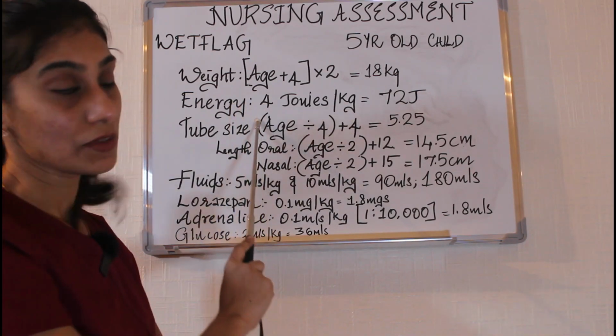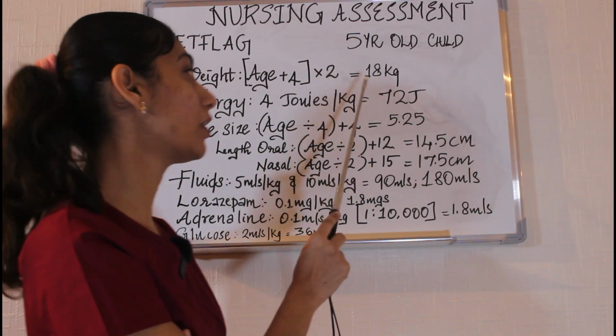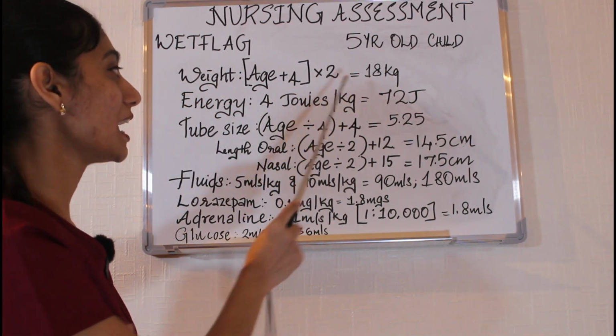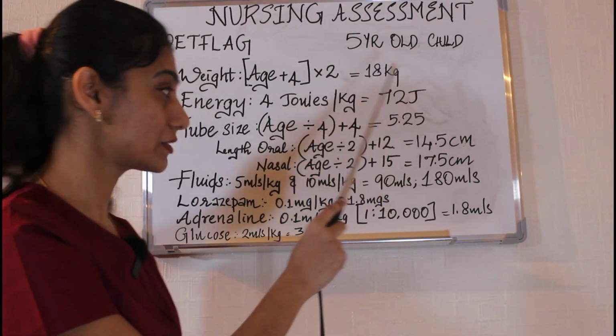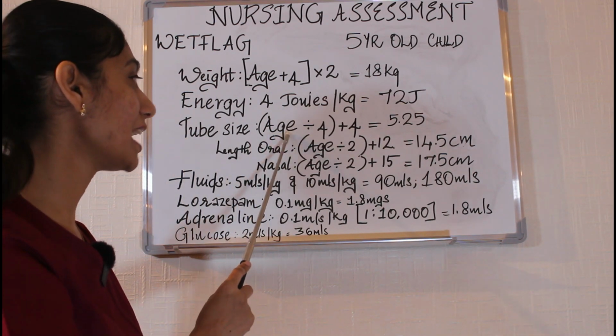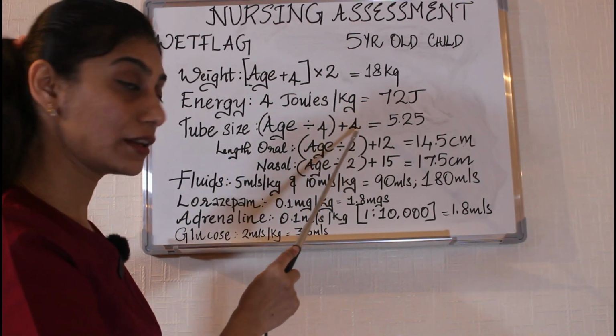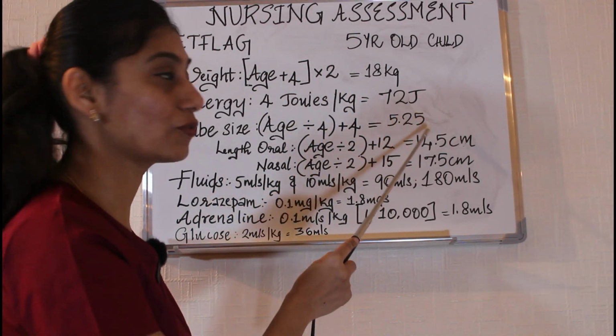And then the energy. We calculate it according to the weight. So 4 times 18 will be 72 joules. And then tube size. Tube size is age divided by 4 plus 4. So when you take a 5-year-old and do the calculation, it will be 5.25.